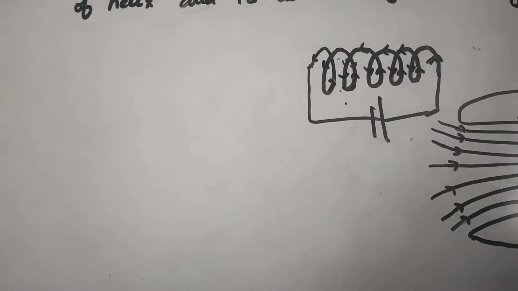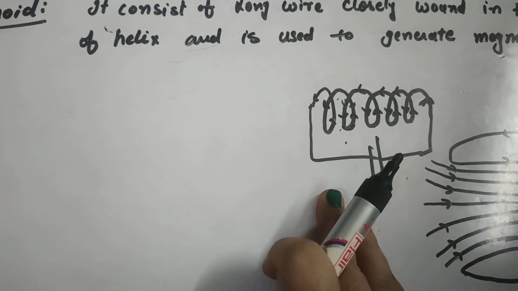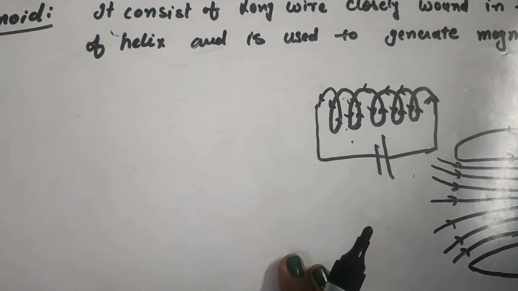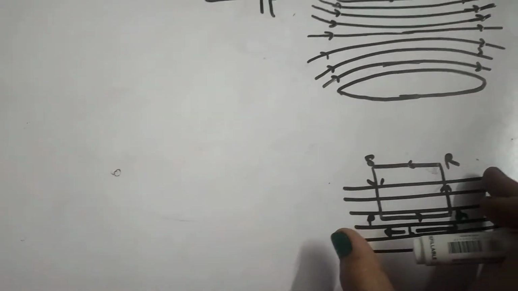So now, to find out the magnetic field due to a solenoid, let us consider an Amperian loop in the form of a rectangle as shown here.